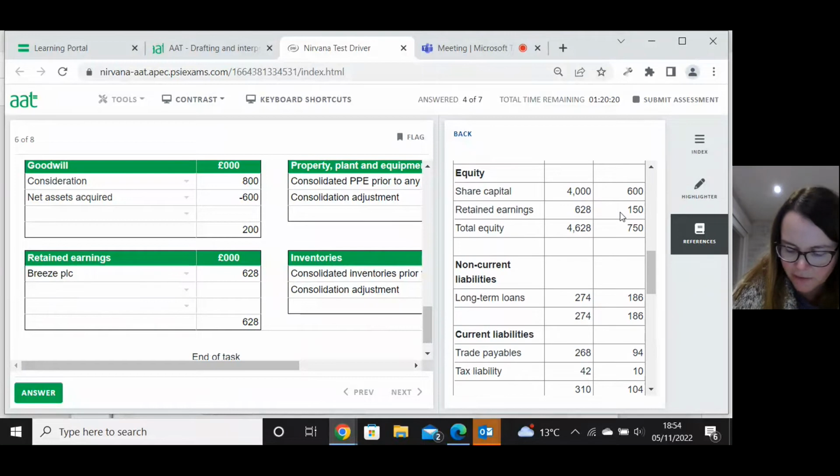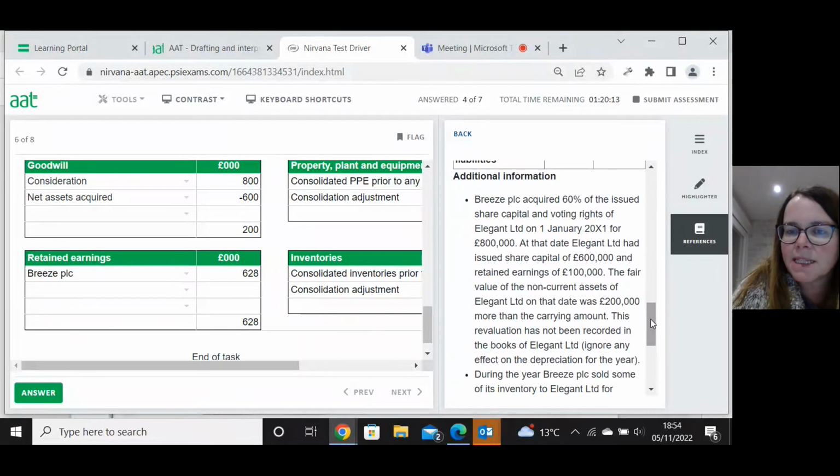So I've got 150 that is split between pre and post acquisition reserves. So coming down here, I can see retained earnings at the date of acquisition was 100,000. So I'm splitting my 150, 100 pre and 50 post.